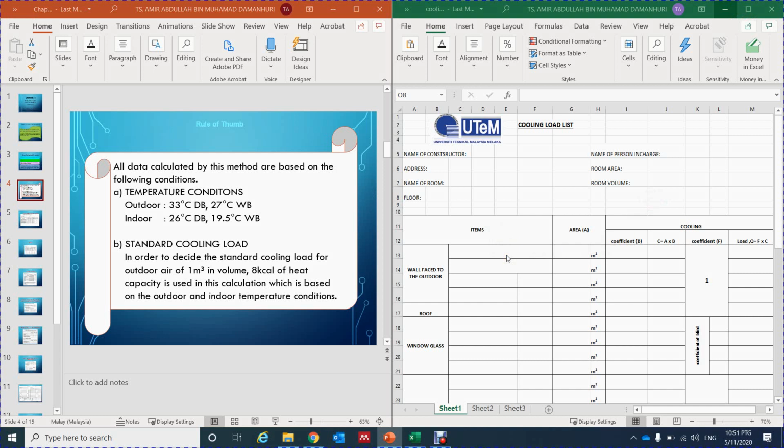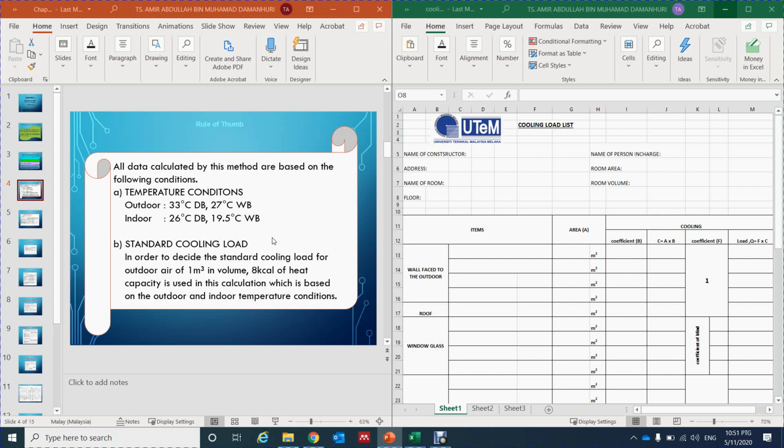The data that we have here is according to the temperature condition of outdoor 33 degrees Celsius. The outdoor ambient temperature is quite high, but we are using 33 degrees Celsius dry bulb and 27 degrees Celsius wet bulb.